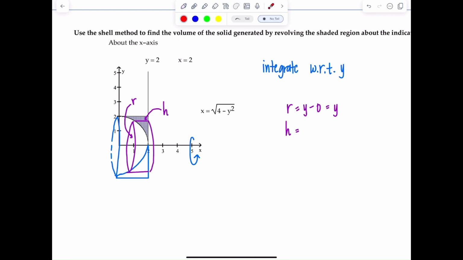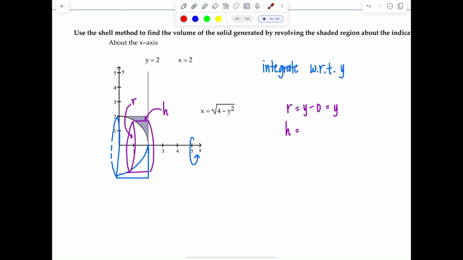Now the height, a little more spicy. Here's the height of a cylindrical shell. This time we're going to do right minus left because of the way it's stacked. What's bounding the height on the right? That's x equals 2. What's bounding it on the left? This curve. Why right minus left? That's always the order to get a positive quantity, right?